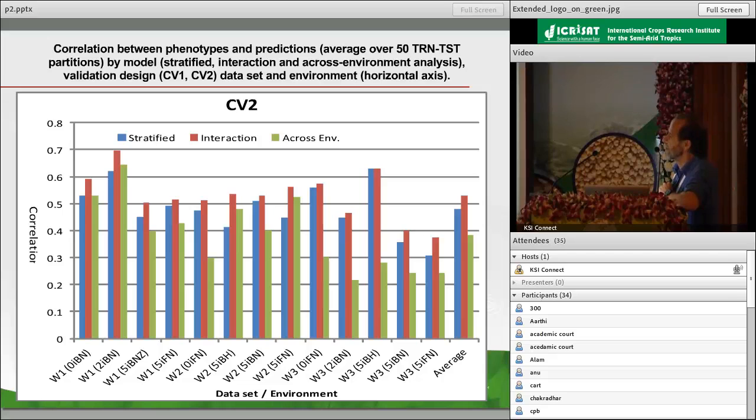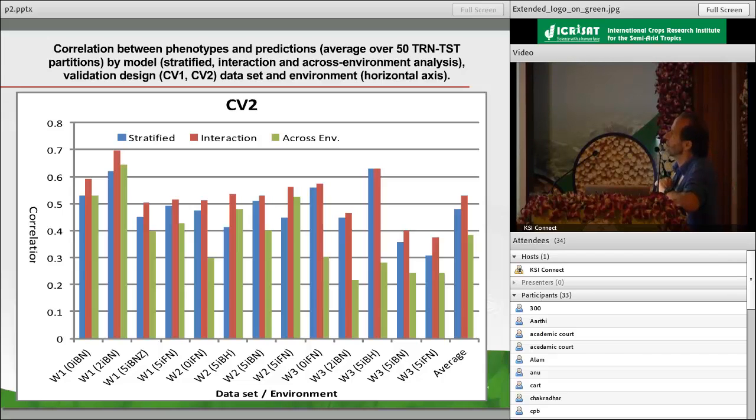These are the environments: zero irrigation bed under normal conditions, two irrigations bed normal conditions, five irrigations bed zero tillage, and five irrigations flat planting. These are the environments, okay? And we have three data sets.